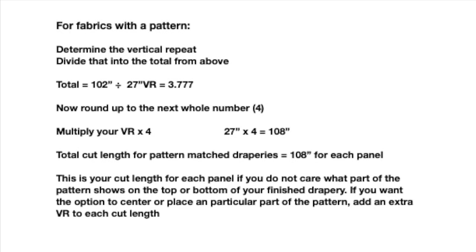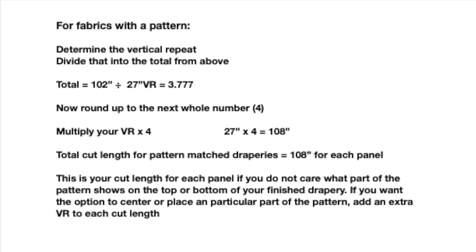Let's just start with our number we just calculated, 102 inches. Let's see if that's going to work with our pattern. Start with that number, 102 inches, and as it shows here, you are going to divide your vertical repeat into that length.